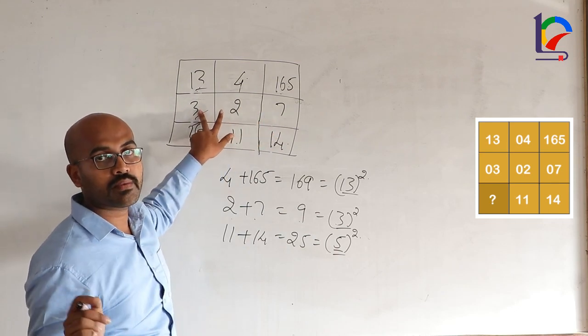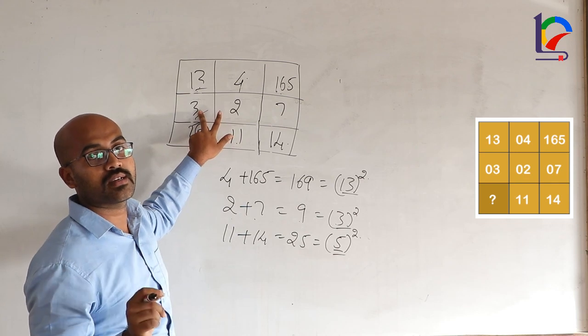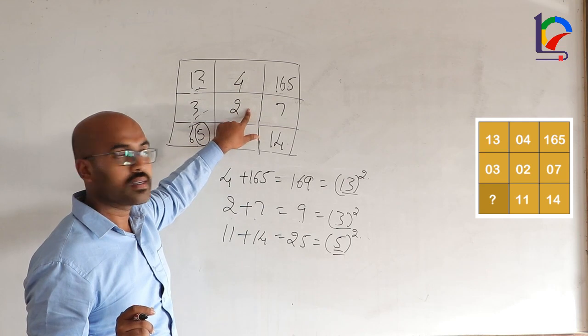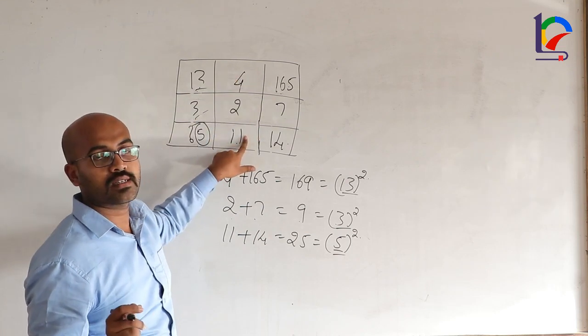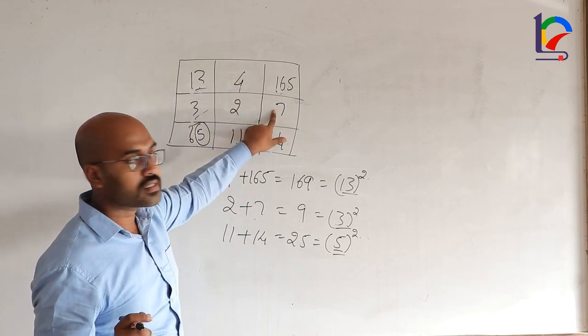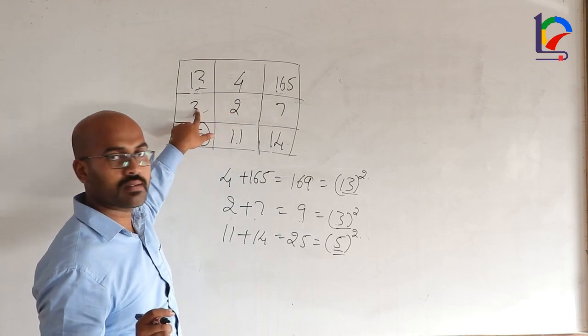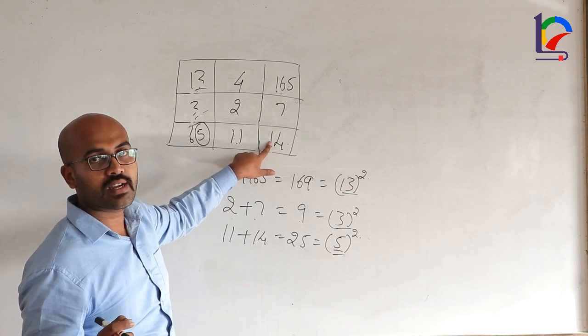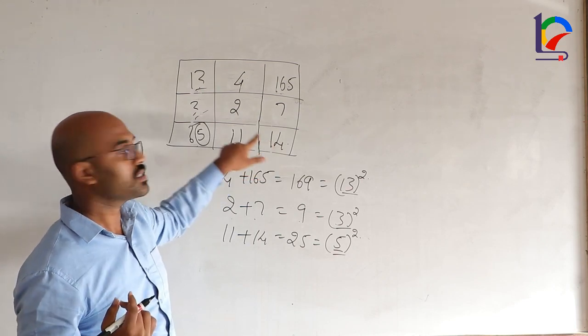But that should not be the case, because whatever you did here should also be done here. So when you add this, you get 9, which is nothing but 3 square. So similarly, 11 plus 14 is 25, the square root of which is 5.